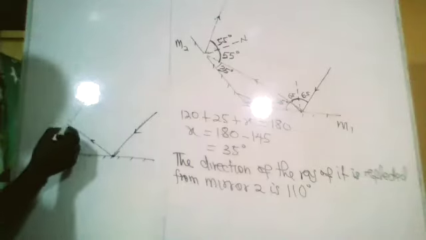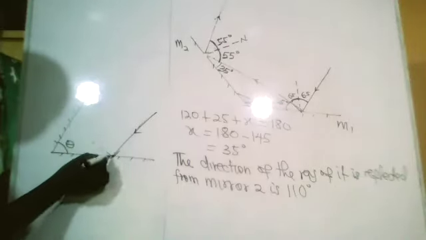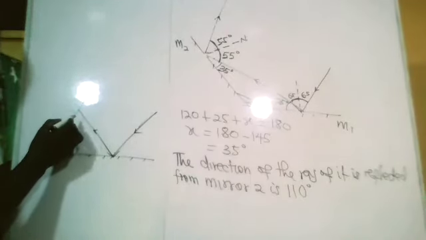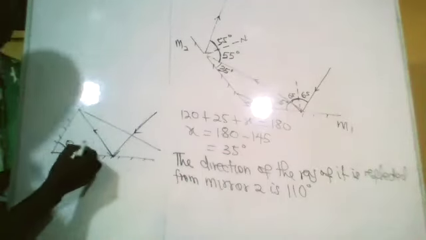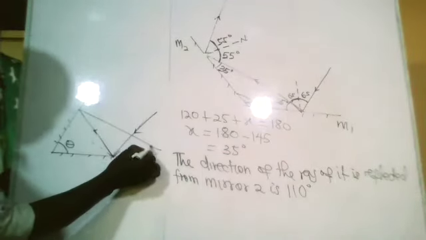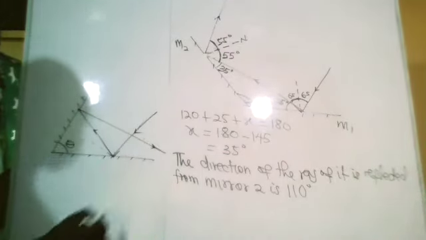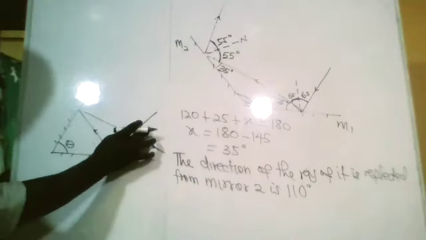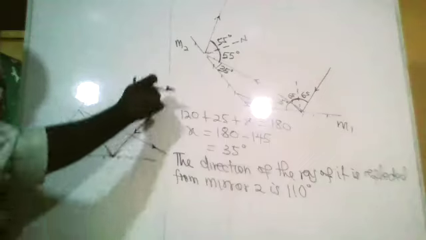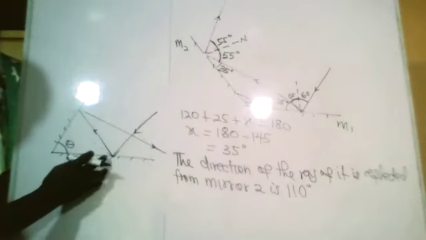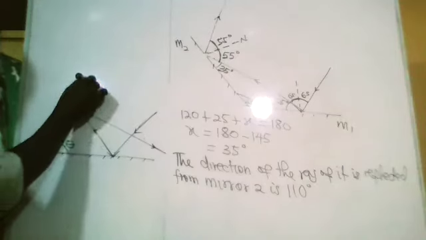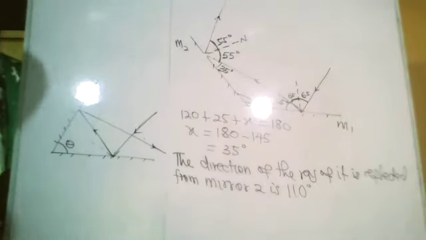Good. And then after reflection, the emerging ray goes like this. Those of you who are drawing this as if this ray, the incident ray, is parallel to mirror 2, no, it's not like that. It's not like that.